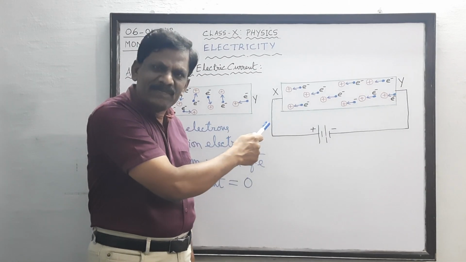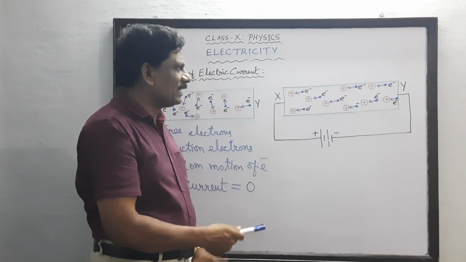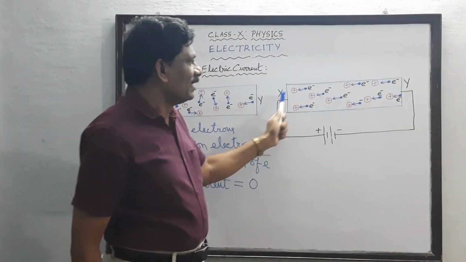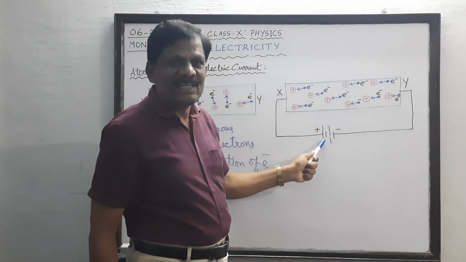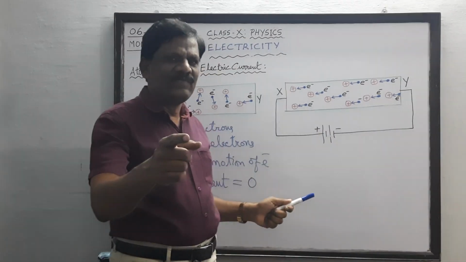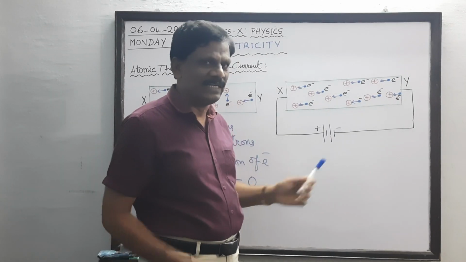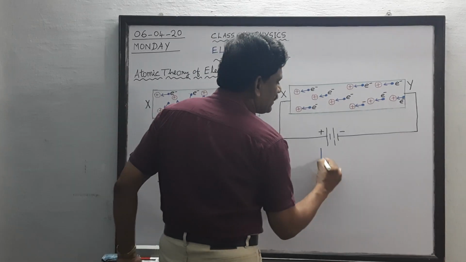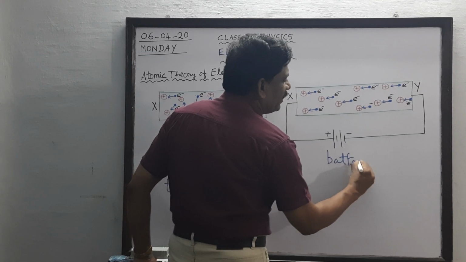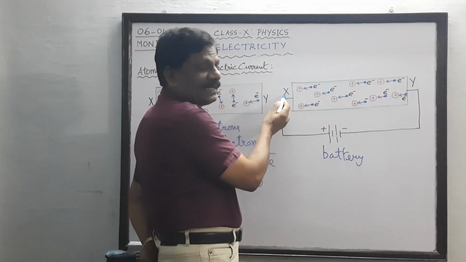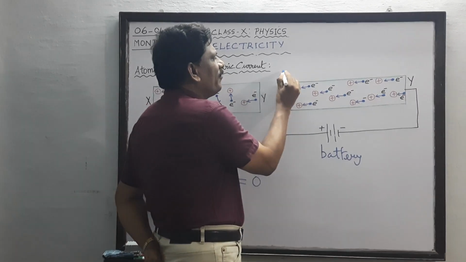Can you all see the second picture? In the second picture, the same conductor made up of copper is connected across a battery. In the previous video, we have seen the combination of two cells is called a battery. So, this one is called a battery. The left end of the battery is connected to the end X. So, what is the potential of this X?